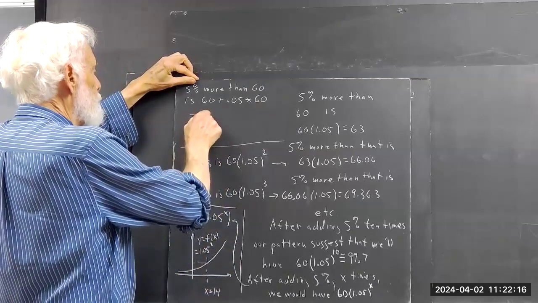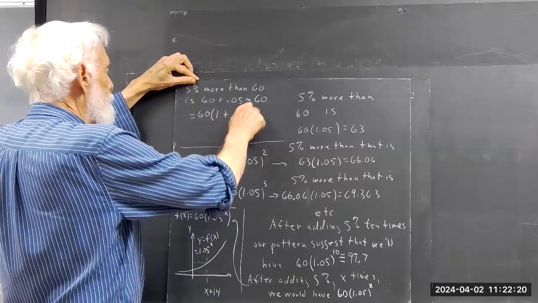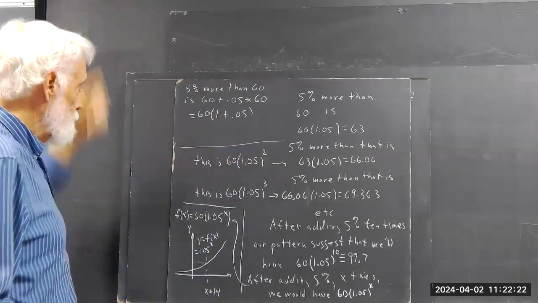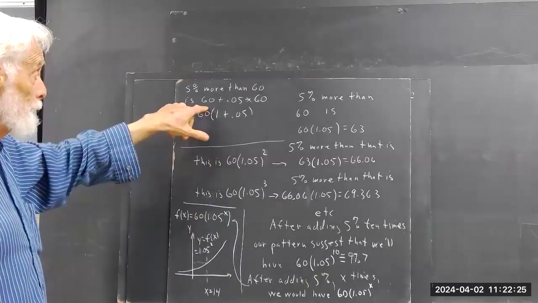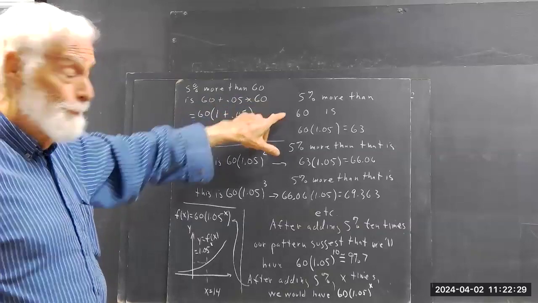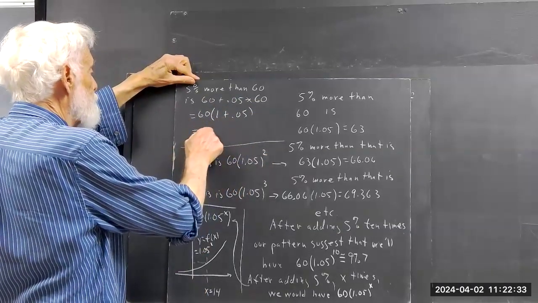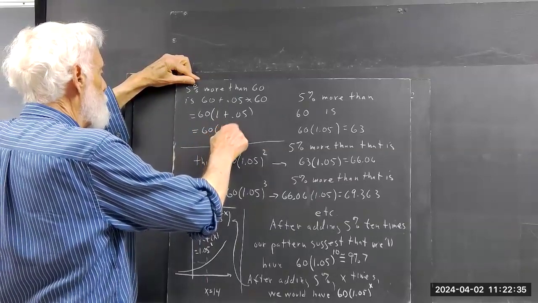Which equals 60 multiplied by 1 plus 0.05. I mean, that's your distributive law. 60 times 1 is 60. 60 times 0.05 is 0.05 times 60. And 1 plus 0.05 is 1.05, so it's 60 times 1.05.